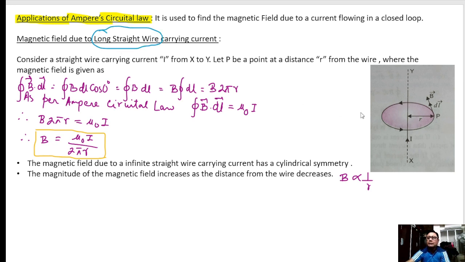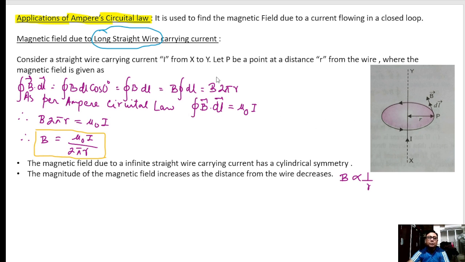Okay. So let us take a long straight wire which is carrying current I. At a distance of R, we see that magnetic field and dl are having the same direction. So theta will be 0. So using line integral of B dot dl, B dl cos 0, so it is B dl. B will be out, dl will be 2 pi r, the total length.